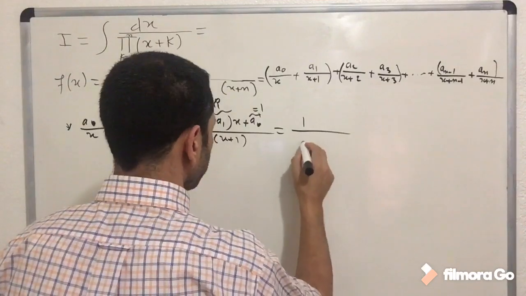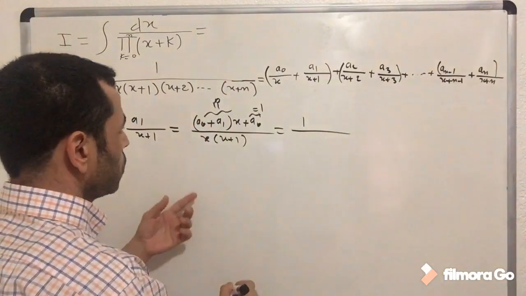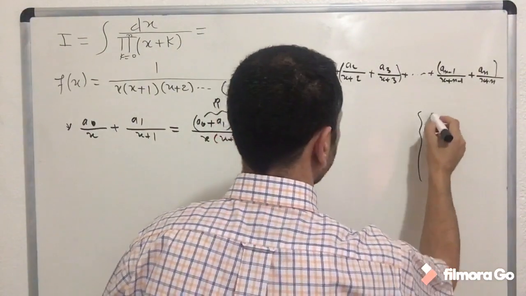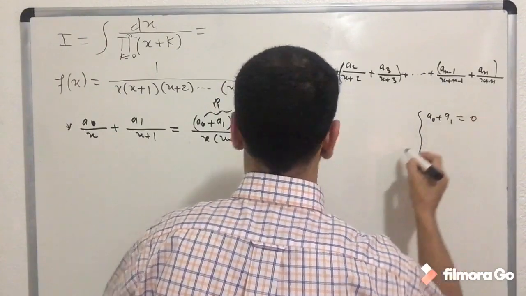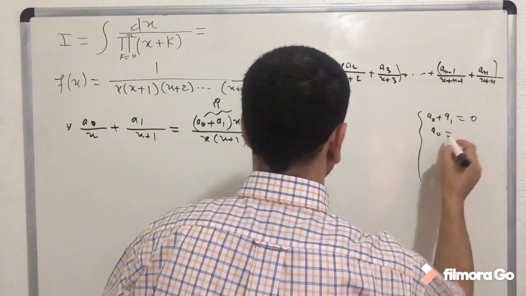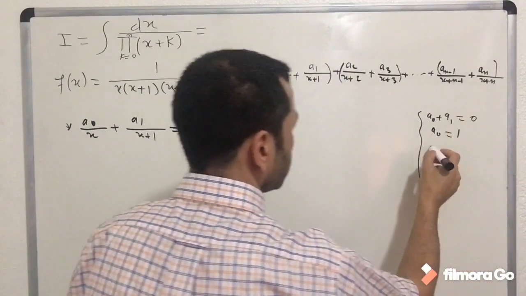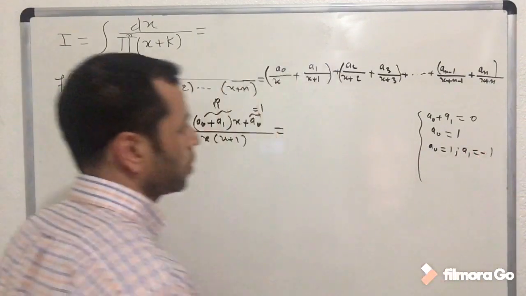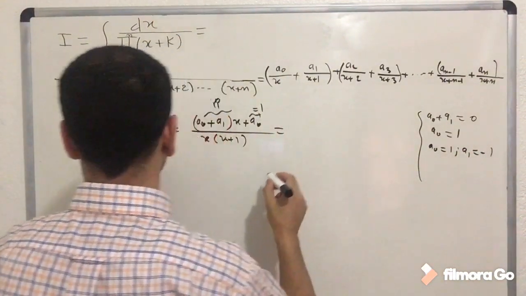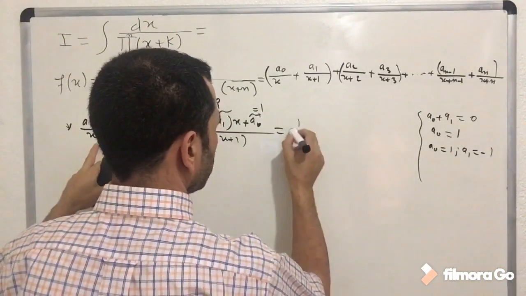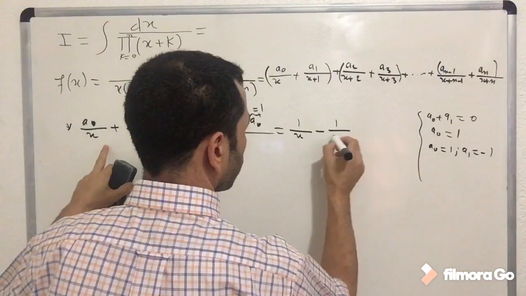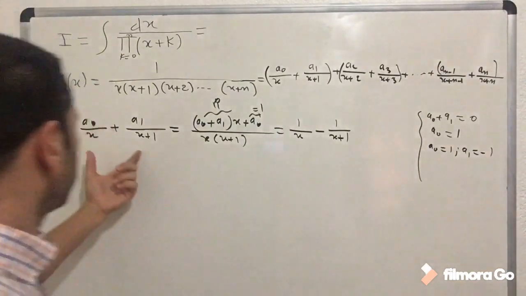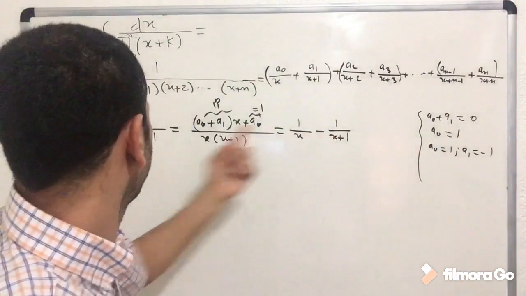So a0 plus a1 equals 0, and a0 equals 1. That means a0 equals 1 and a1 equals minus 1, right? So it becomes 1 over x minus 1 over x plus 1. This is what we find.